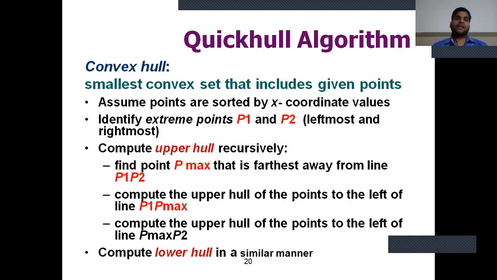Compute the upper Hull recursively. Find the point P max that is the farthest away from line P1 P2. Compute the upper Hull of the points to the left of the line P1 P max. Compute the upper Hull of the points to the left of line P max P2.